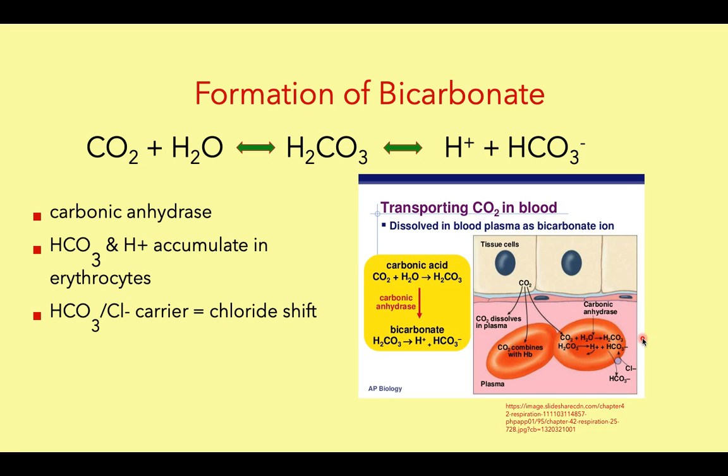So, what happens to these hydrogen ions here? If there's a buildup of hydrogen ions, then we have the pH dropping and acidosis, or the lowering of the pH. And what happens is hemoglobin actually will take up these hydrogen ions. If this didn't happen, then the venous blood would be much more acidic than the arterial blood.